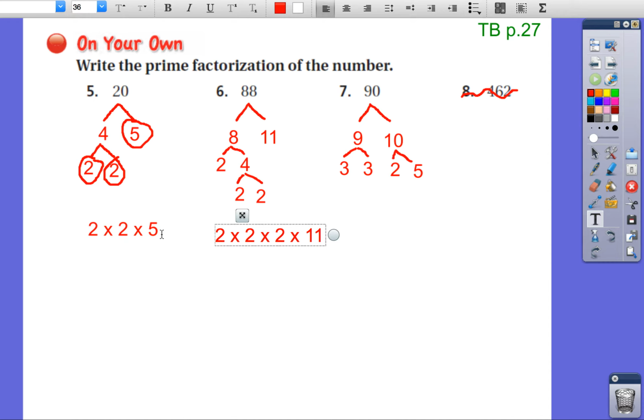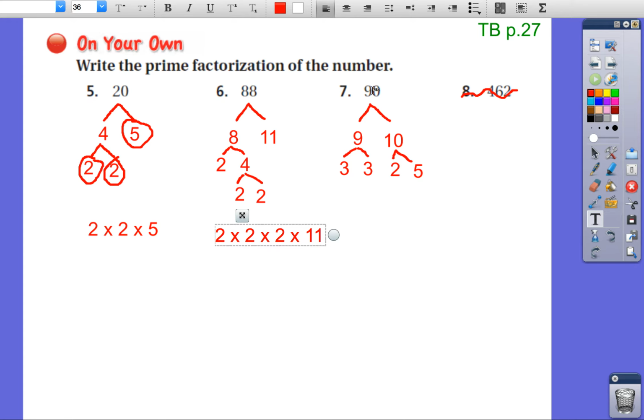They are all unique to that number. Same for 88, 2 times 2 times 2 times 11. There is no other number that has this for the prime factorization. Now, one thing you should also notice is that when you are done and you have your answer, all of the numbers down here are prime. There are no composite numbers at all.